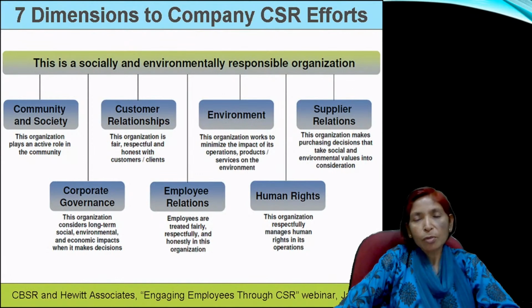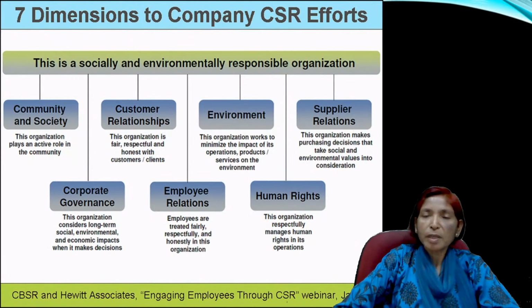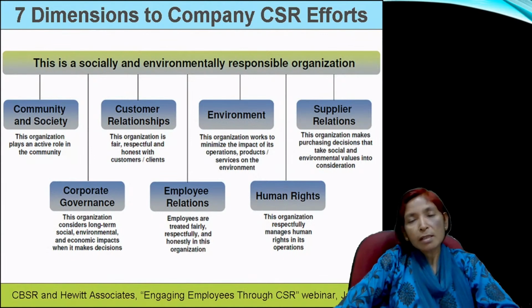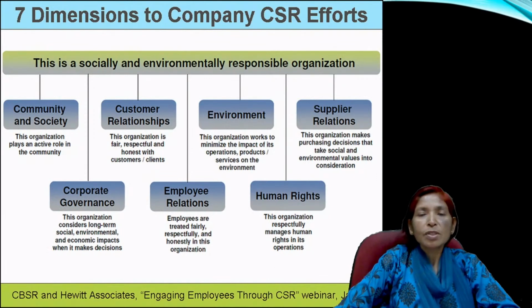So the environment should be protected and safe. Next is supplier relations. This organization makes purchasing decisions that take social and environmental values into consideration. Next is corporate governance. Corporate governance means this organization considers the long-term social, environmental, and economic impacts when it makes decisions.